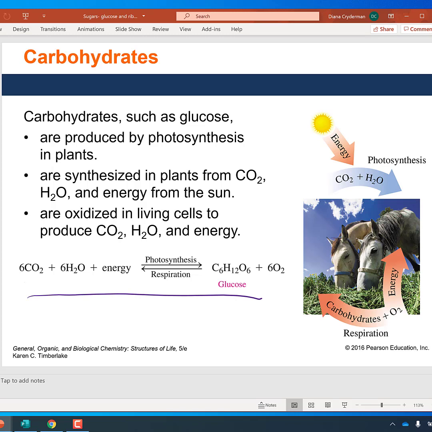So you can see 6 molecules of carbon dioxide, 6 molecules of water being combined with energy from sunlight through photosynthesis, combining to make a glucose molecule and water. And then the reverse reaction would, of course, be respiration.